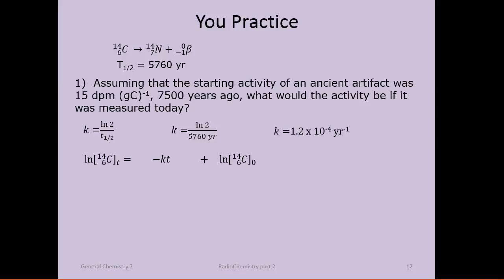Now we're going to solve for the final activity. Plug and chug. Remember, on this particular problem, you'd collect terms on the right, simplify, and then you would raise those things to the power of E. Solve, and you get an activity of 6.1 disintegrations per minute per gram of carbon.